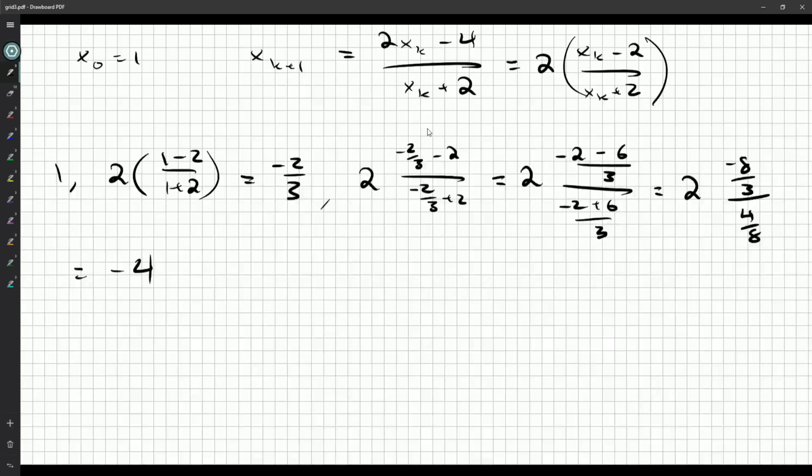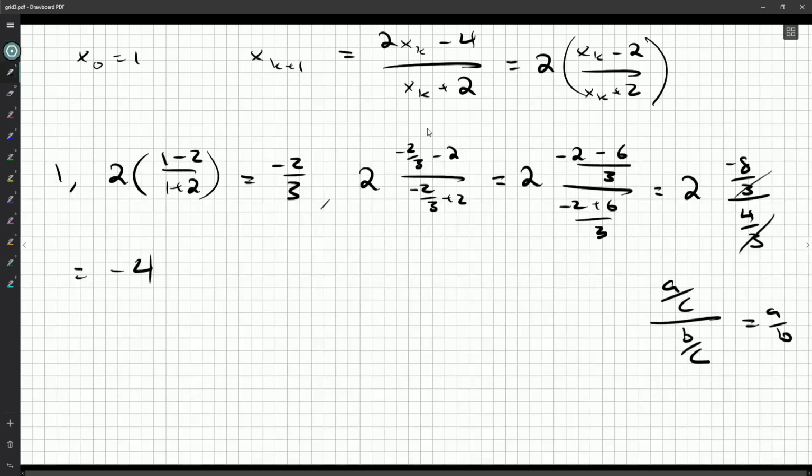But the 3s basically cancel out. Whenever you do something like a over c over b over c, that's just a over b. You can use that as a nice quick shortcut. So our terms are looking like 1, negative 2/3, negative 4.